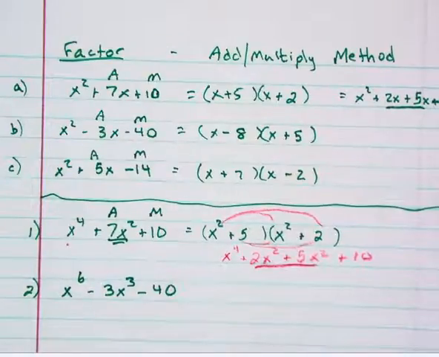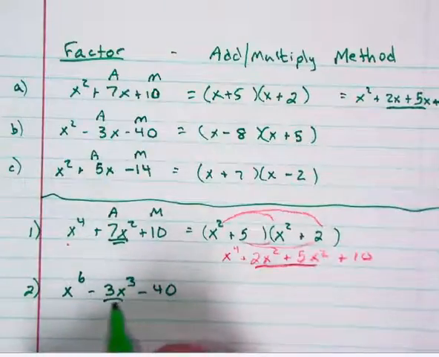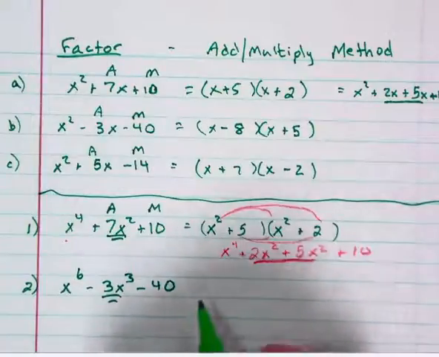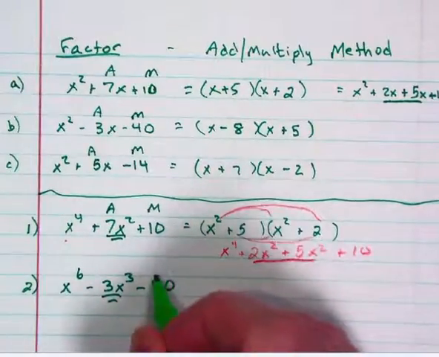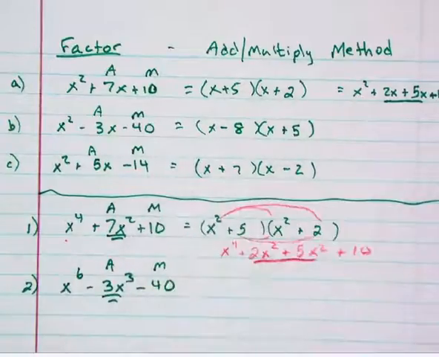So how do I handle that? Well, I think of x to the 6th. I know that x to the third times x to the third is x to the sixth, which is a really important idea. Okay? So I'm going to try and treat this, notice I just used the word try, as multiply add method.